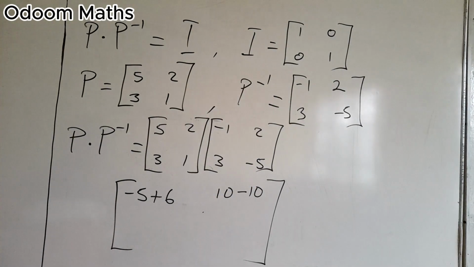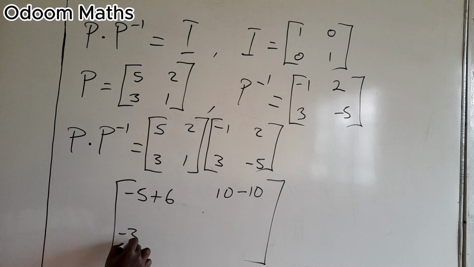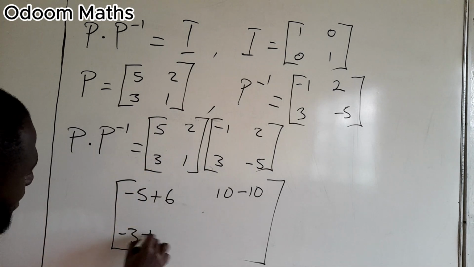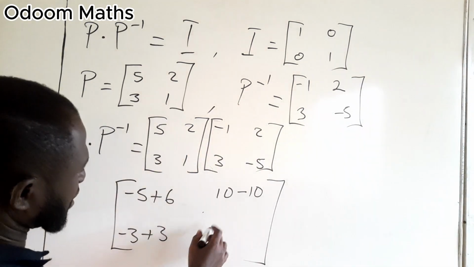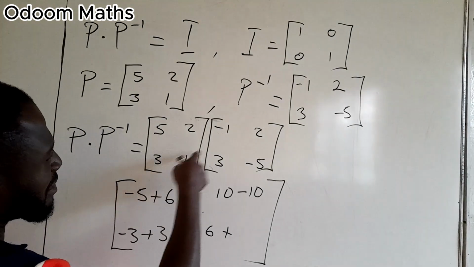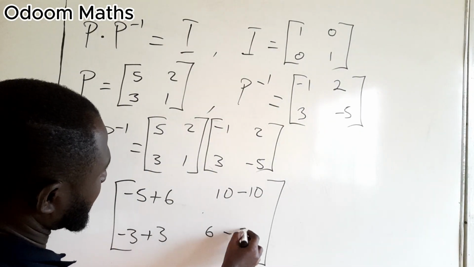Then 3 times negative 1 is negative 3, plus 1 times 3, so plus 3. Then 3 times 2, which is 6, plus 1 times negative 5, that is going to give us negative 5.